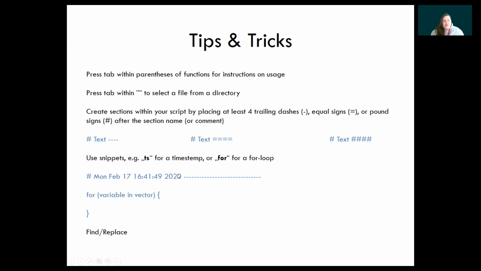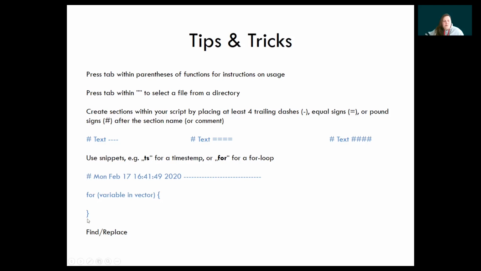This is a timestamp that has the day, then the month and the date, the time, and then the year. For example, if you're writing a for loop, there is even a snippet for that, which is just "for". If you do that, it will automatically give you the basic structure of the for loop that has these brackets here, and then "variable in vector", which will remind you that the for loop needs a variable and a vector as an input here.